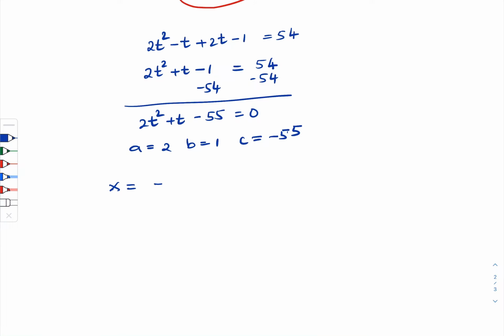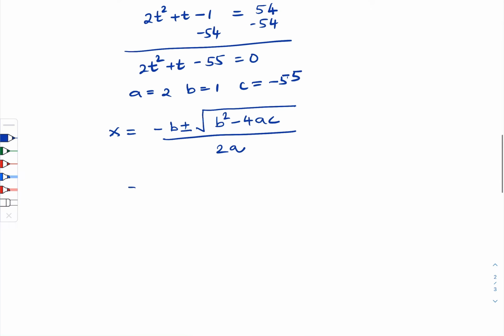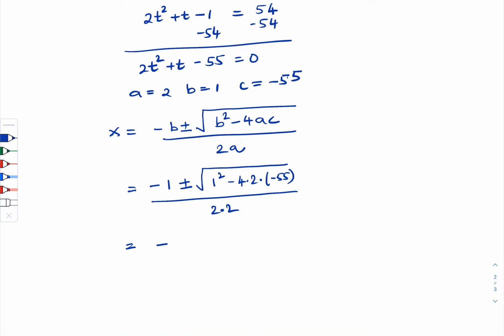So x is equal to minus b plus minus square root of b squared minus 4ac over 2a, which is equal to minus 1 plus minus square root of 1 squared minus 4 times 2 times minus 55 over 2 times 2, which is equal to minus 1 plus minus square root of 1 plus 4 times 2 times 55. 2 times 55 is 110, and 110 times 4 is 440, right?